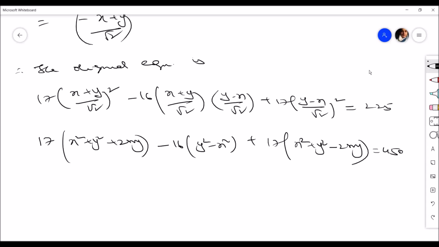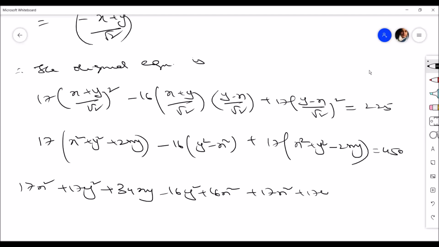Then, just expanding the terms, I would be getting 17x square plus 17y square plus 34xy minus 16y square plus 16x square plus 17x square plus 17y square minus 34xy is equal to 450. So 34xy gets cancelled with a 34xy here, right?